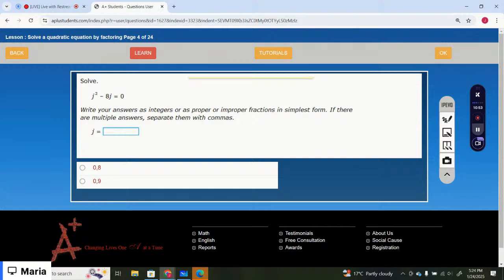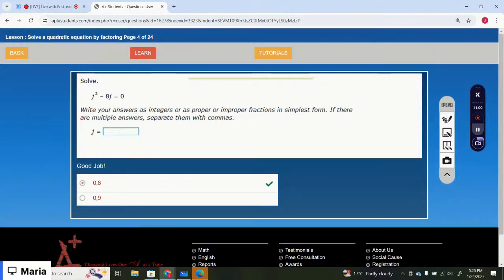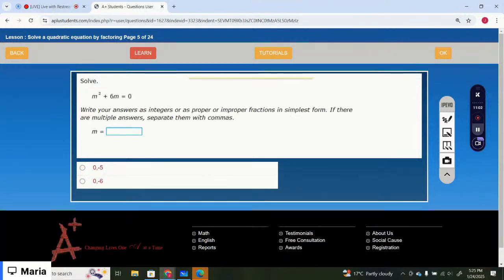The correct option is option number 1. They are 0 and 8. Next, m square plus 6m equals 0.